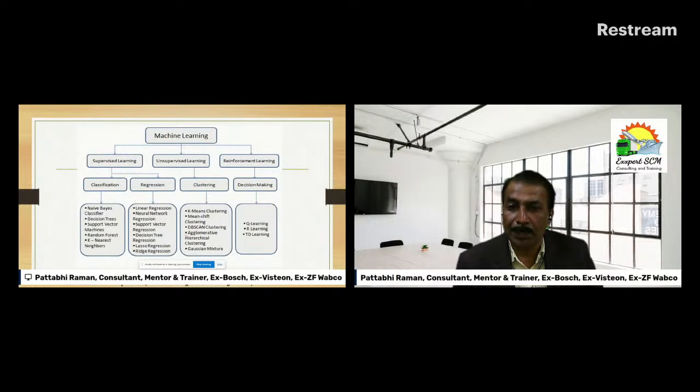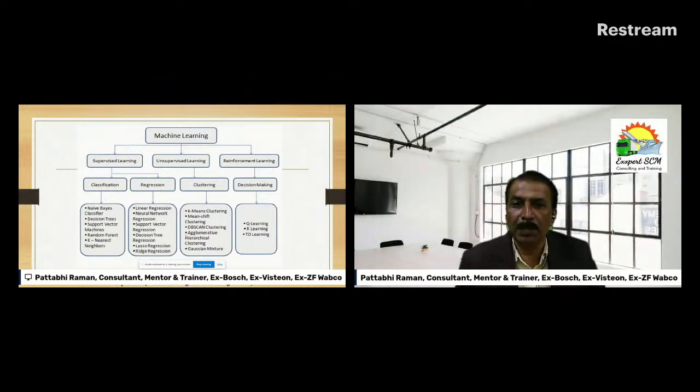In machine learning, we classify into three main categories: supervised learning, unsupervised learning, and finally reinforcement learning. Supervised means we are telling the system, this is a dog, this is a donkey, like that. We are defining and giving labels to the available database, and then when you give the new input, it is able to do the classification or regression.